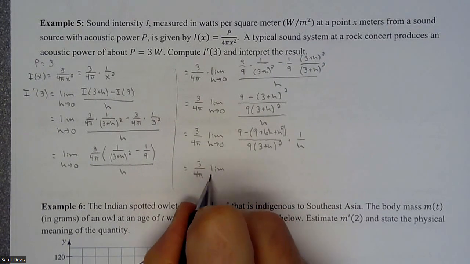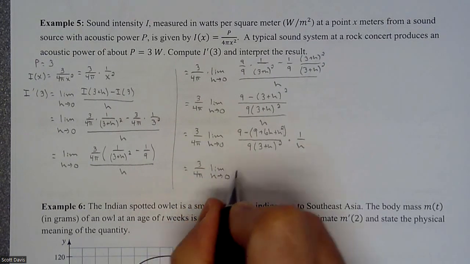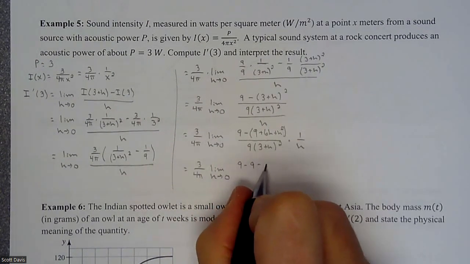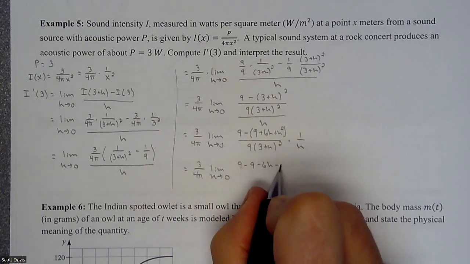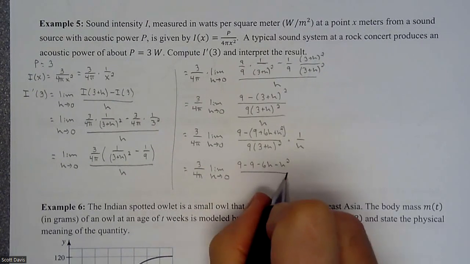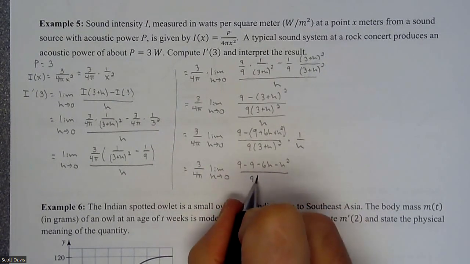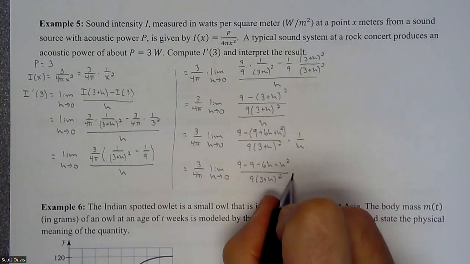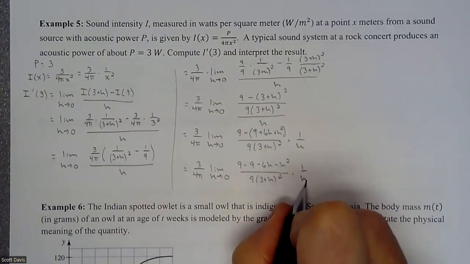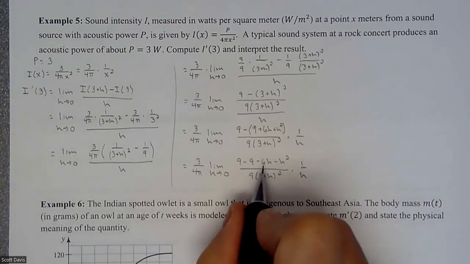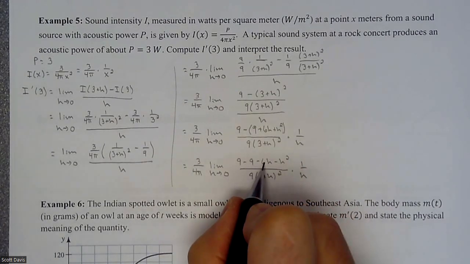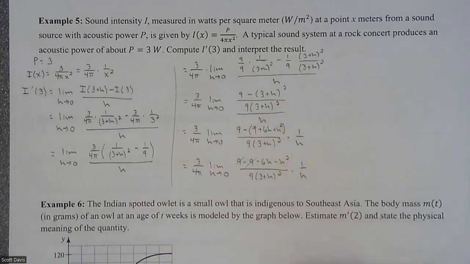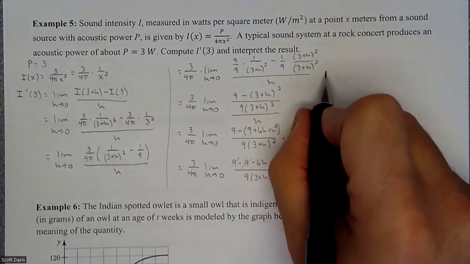Still haven't plugged in 0 yet, but we're very close. So we would have a 9 minus 9 minus 6h minus h squared over 9, not messing with this denominator, and 1 over h. If I put some stuff together, what I should have left are pieces that have h's. So these two go away. That's a great sign.